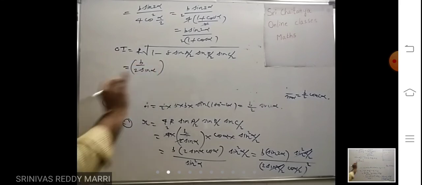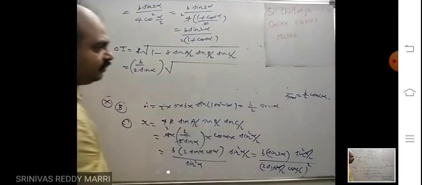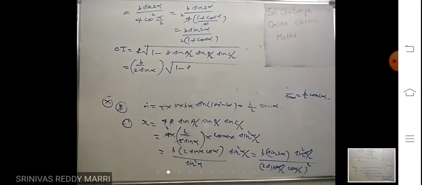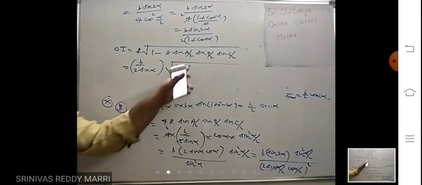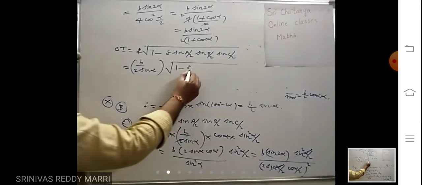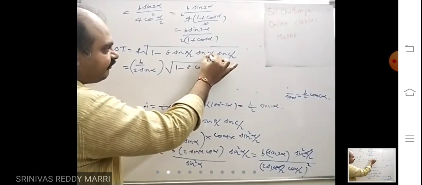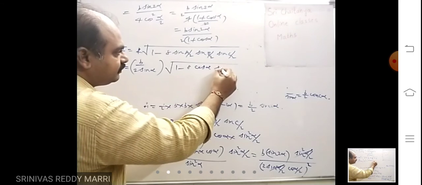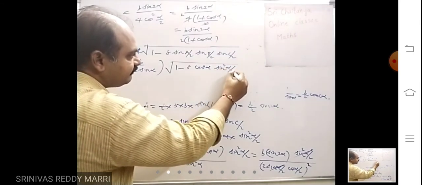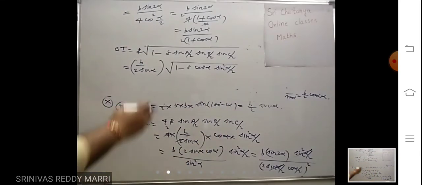This you already got. Look at how I am doing. Root of 1 minus 8 into, the angle A is 180 minus 2 alpha. 180 minus 2 alpha by 2 means sine of 90 minus alpha, that means cos alpha. This is alpha by 2, this is alpha by 2. Look at how I am rearranging: sine square alpha by 2.